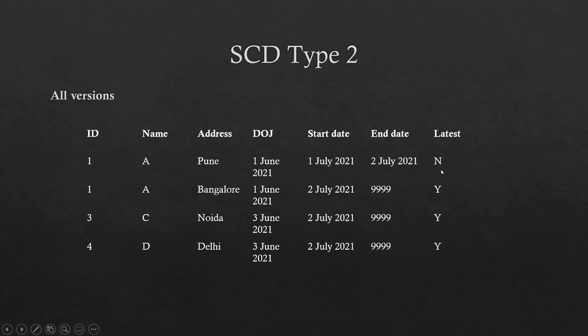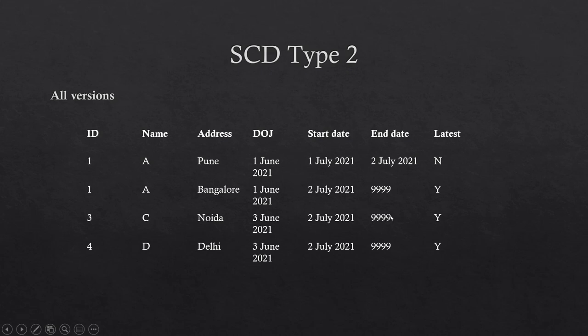Now why do we need this flag? Because if there are systems downstream which are going to query this data and they are only interested in the latest record, they can just put a filter on this flag. If I do not have this flag, then they have to actually go and pick up all the records with 9999.